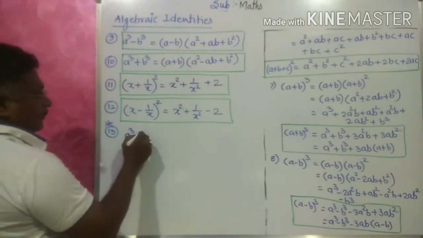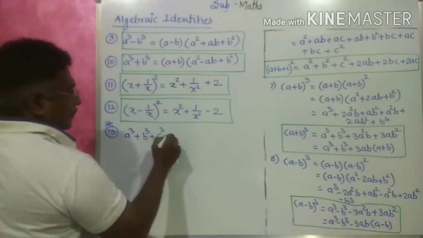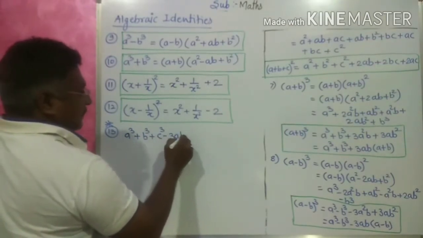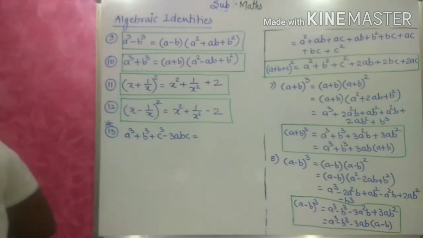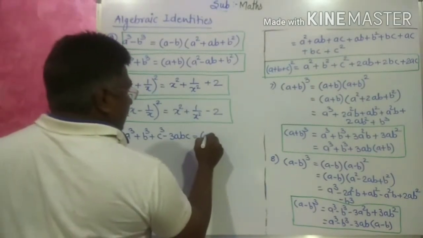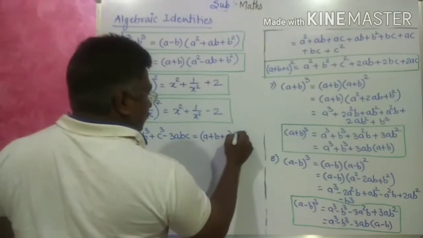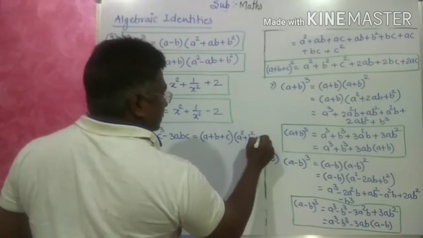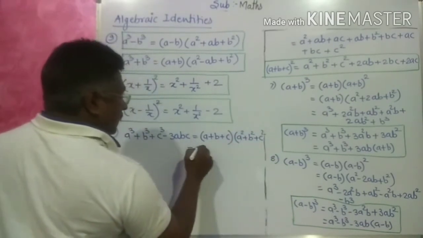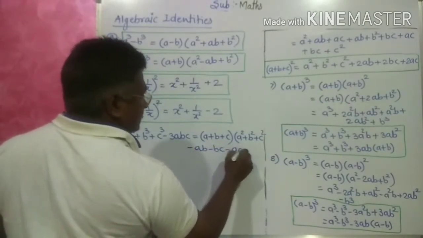A cube plus b cube plus c cube minus 3abc equals a plus b plus c into a square plus b square plus c square minus ab minus bc minus ac.